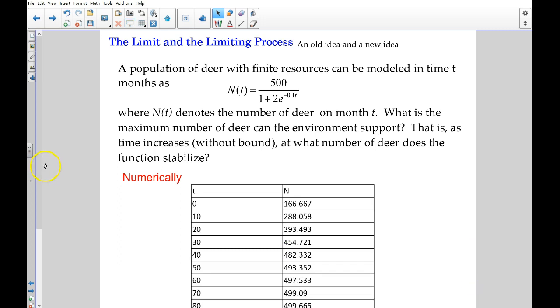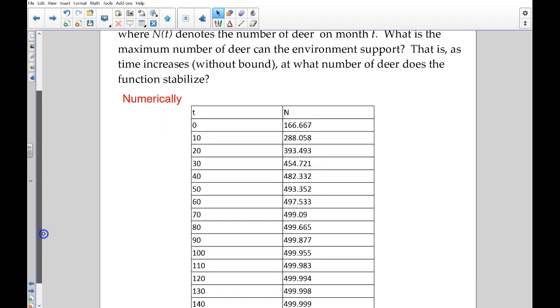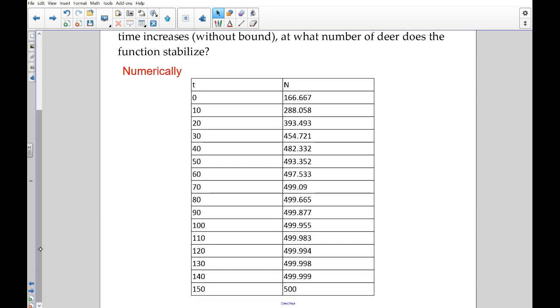If we go down through the table of values, I made this table using Excel, we can see that as the time increases, the number of deer gets close to 497, 499, and then gets closer, and now Excel says by 150 months it's at 500.